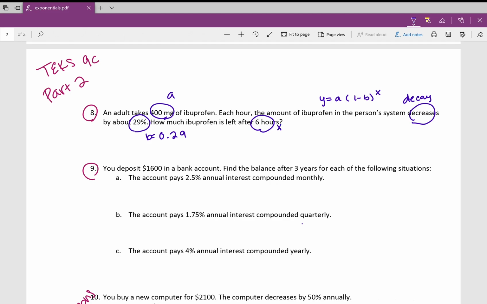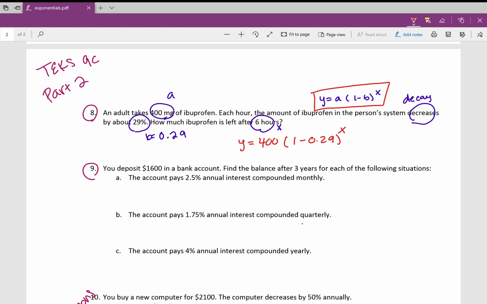A lot of mistakes you guys were making yesterday is that when I was asking for the equation, it has to be in terms of x and y. So the equation for this one is y equals, following this formula, a, which is 400, times (1 minus 0.29) to the power of x.